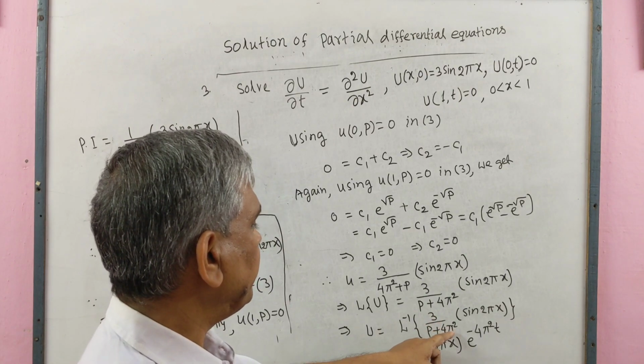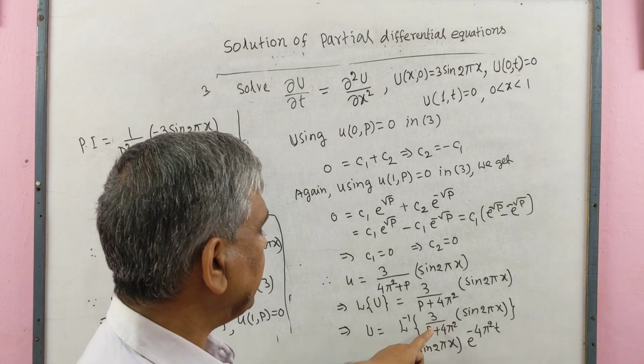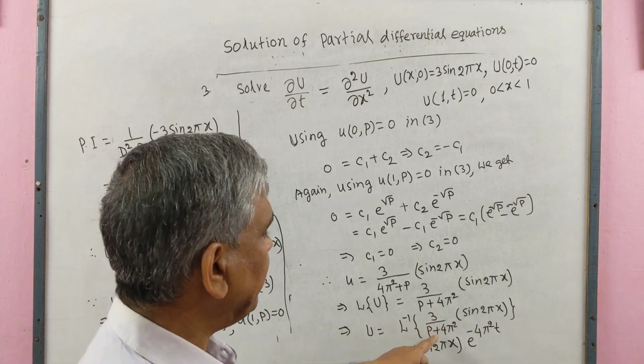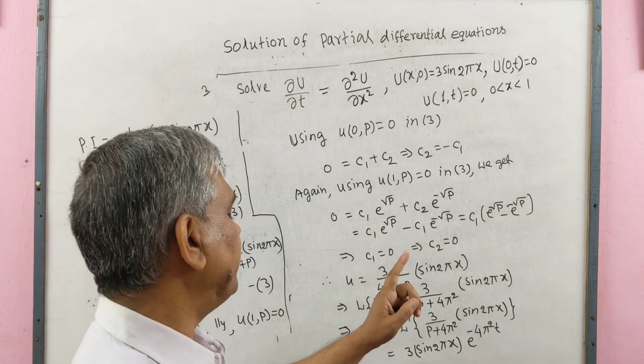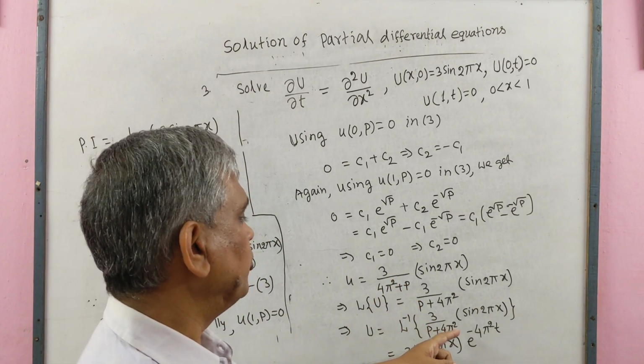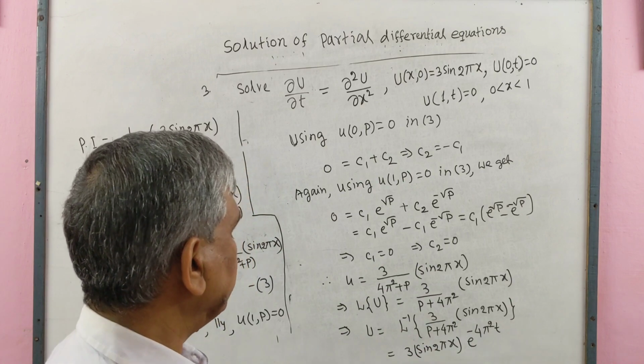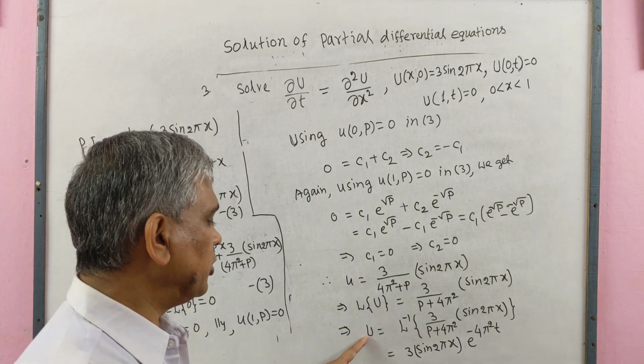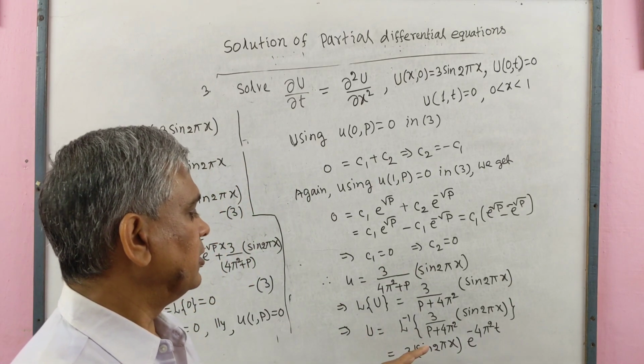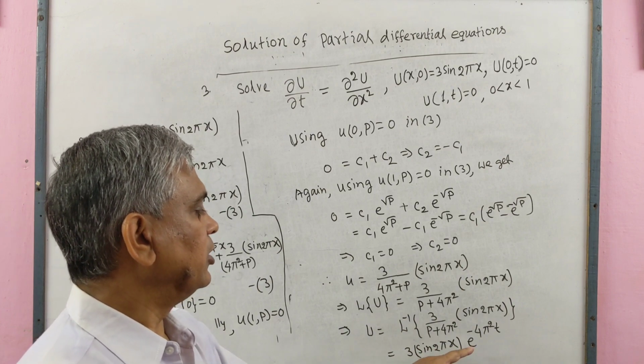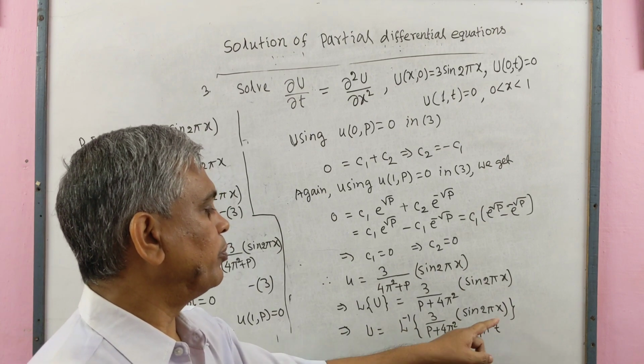In place of 4π², take a. We know that L inverse of 1/(p + a) is e^(−at). Here a is 4π². So the solution is u = 3 sin 2πx e^(−4π² t).